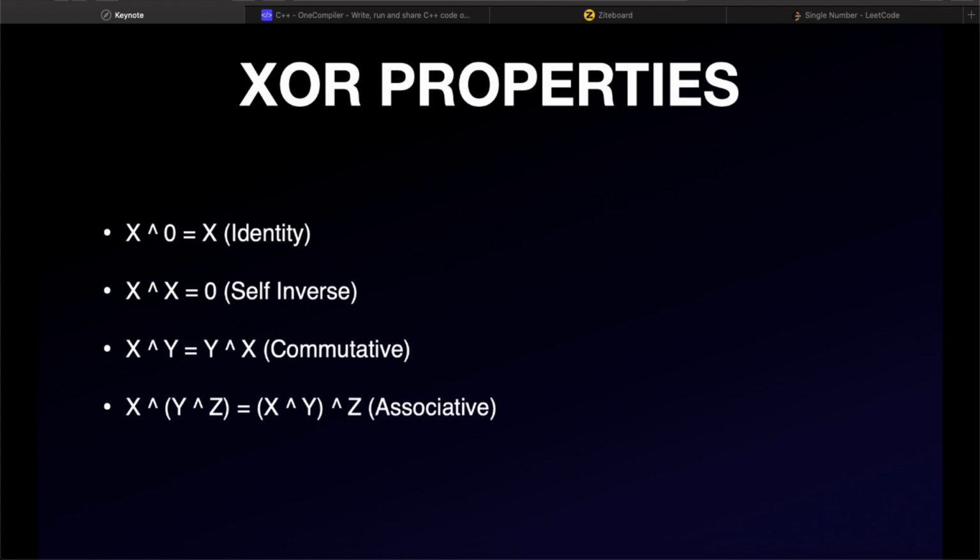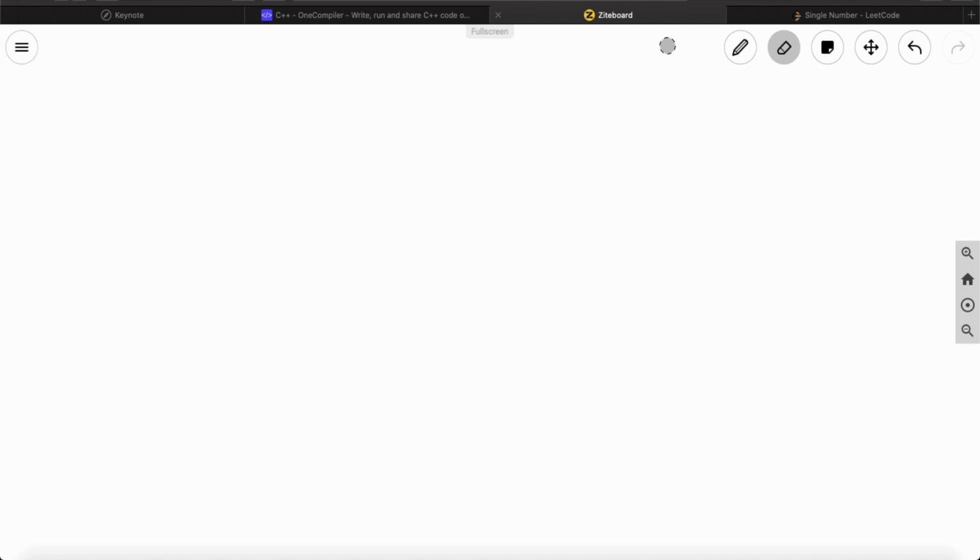Now it says that any number XORed with 0 will give you the number back itself. Now let's try to demonstrate it. So let's take a number 5 and let's draw out the binary representation of 5, which is this. And if we XOR it with 0, I'm not making the rest of the bits, I'm just taking 3 bits to keep it simple.